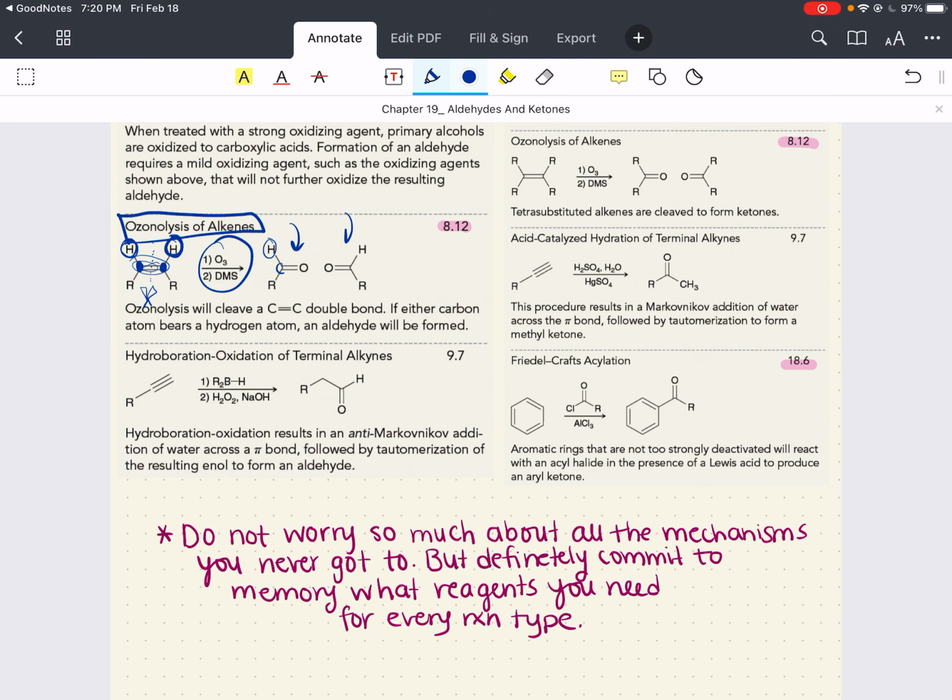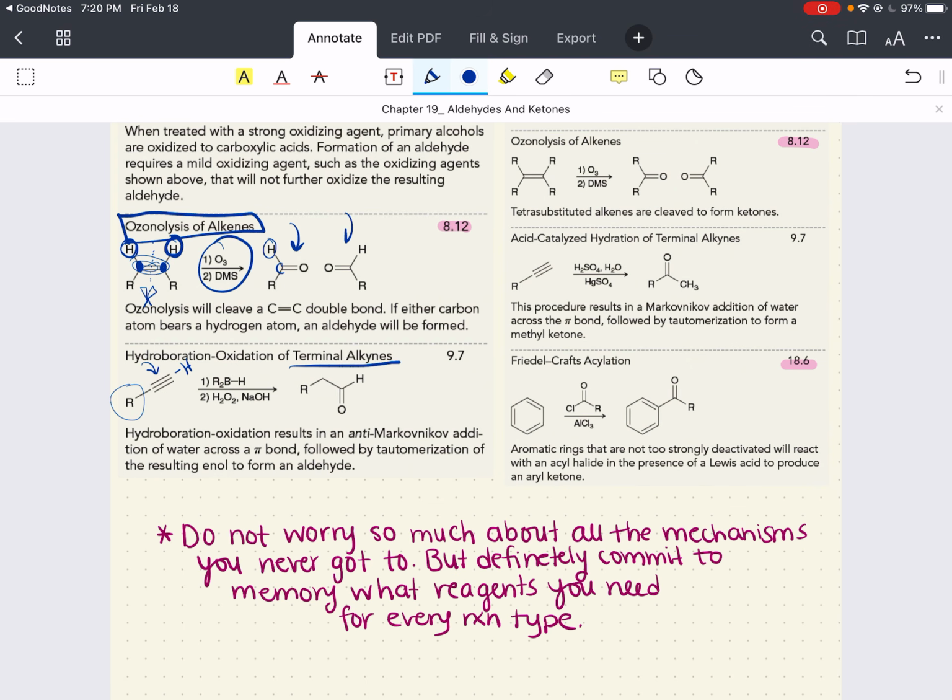Lastly, another aldehyde preparation method is hydroboration oxidation of specifically terminal alkenes, which have one variable group on one side and a hydrogen on the other. If you remember from our hydration addition reactions from chapter 8, this reaction proceeds via anti-Markovnikov addition of water across that pi bond.